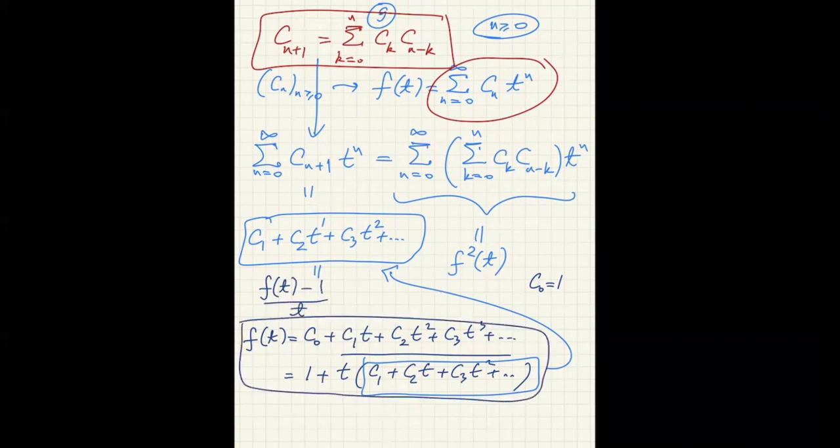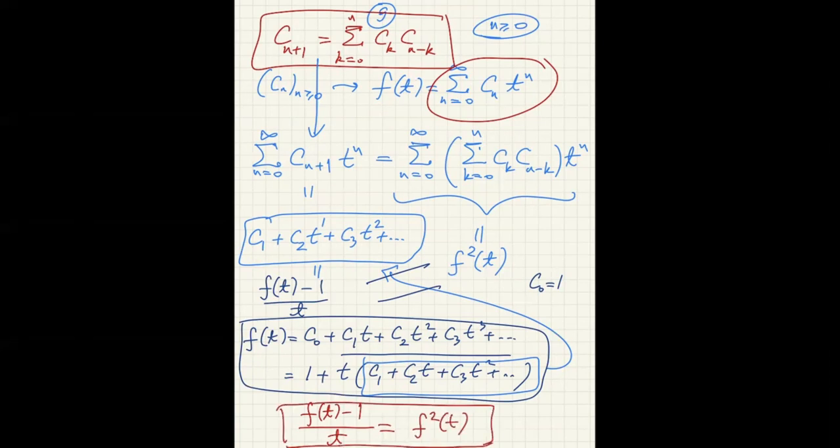You subtract a 1, move a 1 to the left, and then you divide it by t. Okay. So in the end, what did we end up with? Well, I ended up with f of t minus 1 divided by t equals f squared t. So I will write it here. f of t minus 1 divided by t equals f squared t.